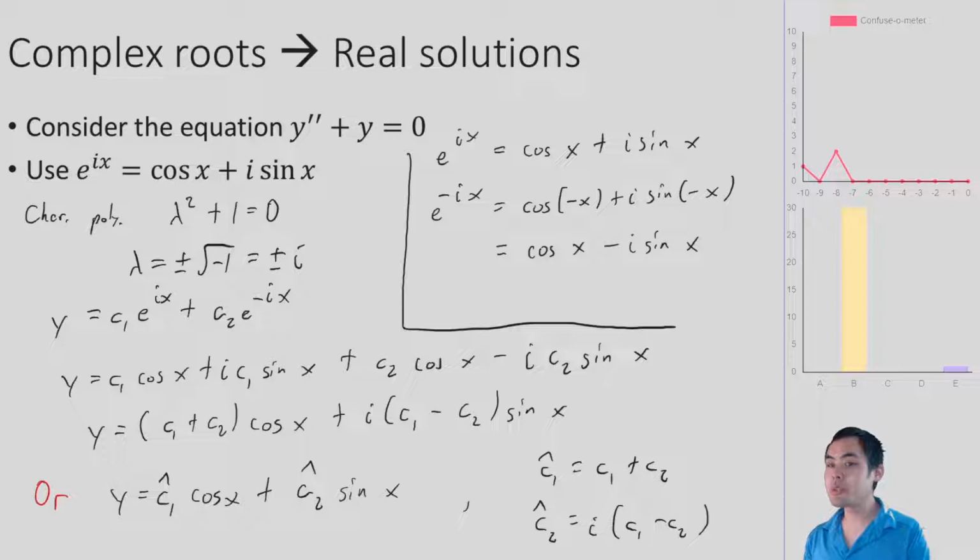And so what we did is we started, and of course if you choose these two, c1 hat and c2 hat, to be real, then you end up with a real solution. So even though we started out with a complex solution, c1 e to the ix plus c2 e to the minus ix, we can restrict it down to a solution that's purely real. So some constant times cosine of x plus some constant times sine of x.